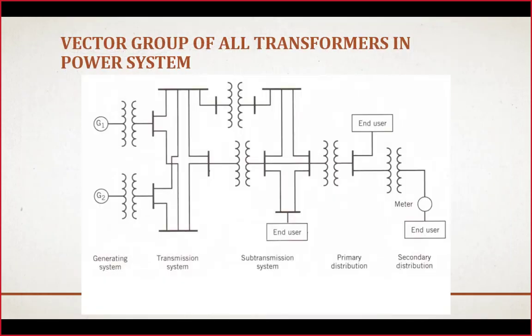Next, here I have drawn the same diagram with the help of one line symbols. This is the one line diagram of that power system, and these are different transformers starting from generating, transmission substation, distribution substation power transformer, and the distribution transformer. And here are the vector groups that I have shown you in the previous slide as well.